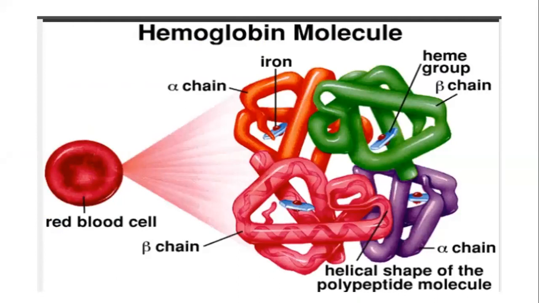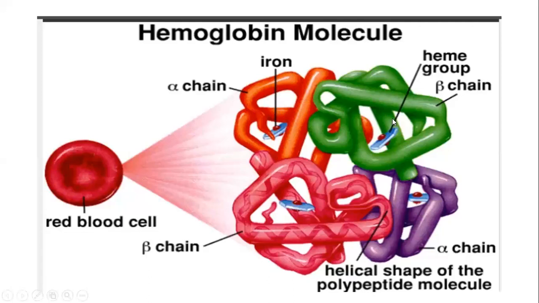These chains have different components or structures in them that are resident within the chains. These are what we call the heme groups and iron. Each of the globin chains or polypeptide chains has an iron and a heme group resident within.